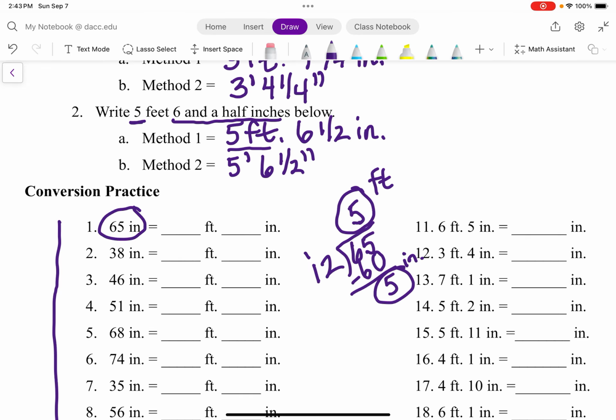I know that there are 60 inches in 5 feet. So if you take 65, take away those 60 inches from that chart above, you have 5 remaining. So you know 60 inches is 5 feet, remaining is 5 inches.